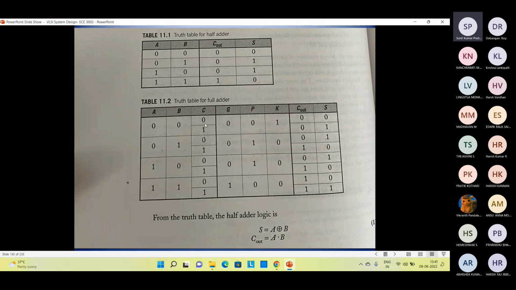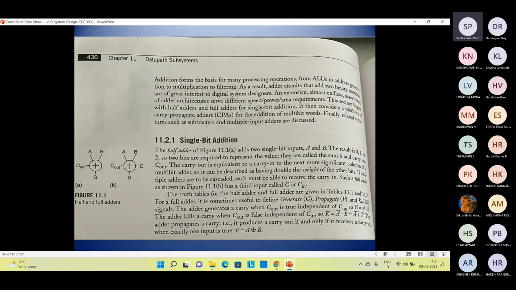Okay, so what we have discussed so far, if you take into consideration the truth table, the truth table of half adder is very clear. We have two inputs and four combinations have been taken, and we have sum and C out. As per the figure which you have seen here, this is the sum and this is the carry out.